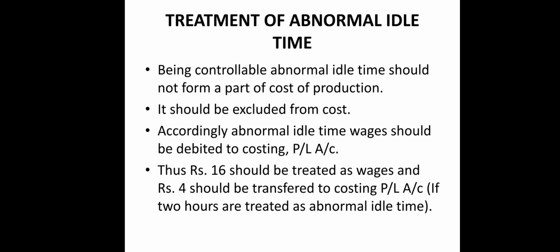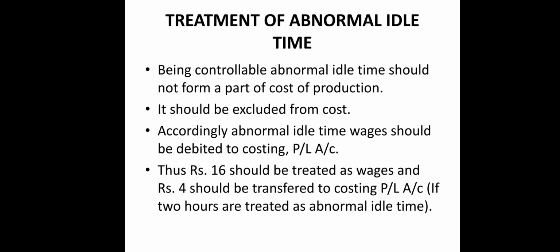Now let us see how we treat abnormal idle time. The treatment of abnormal idle time is very easy. Since abnormal idle time is controllable, it should not form part of our cost of production. So we should try to control it as much as possible and avoid it, and not make it form part of the cost of production. So it should be excluded from the cost.